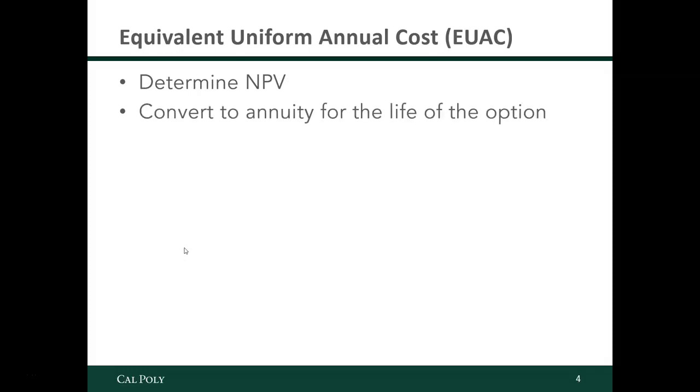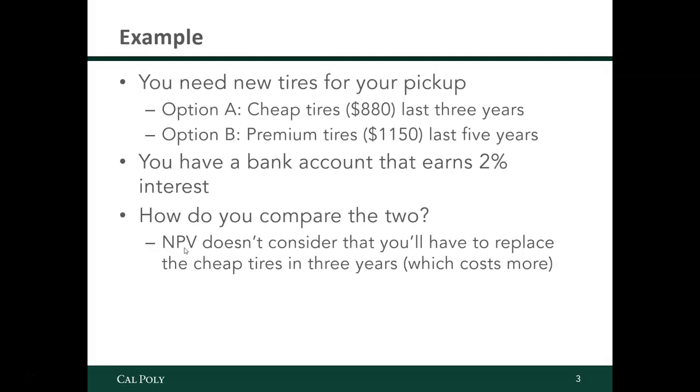Got those. Now convert them to annuities for the life of the option. So the life of option A is 3 years. I'm going to convert the 880 present value to an annuity that lasts for 3 years. I'm going to convert the 1150 for option B from the present value of 1150 to an annuity over 5 years.